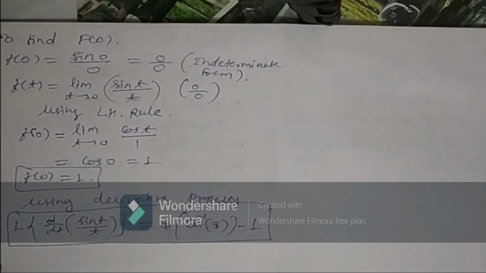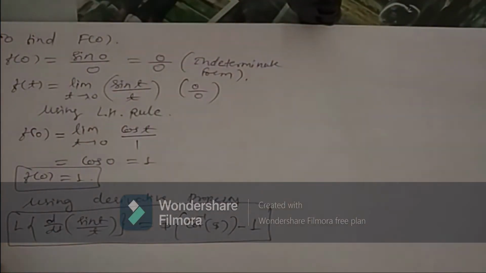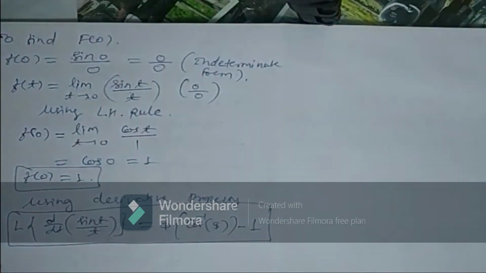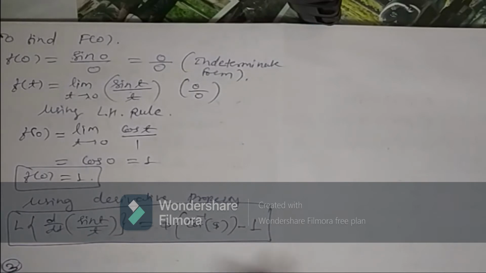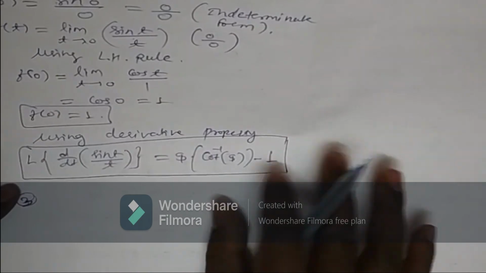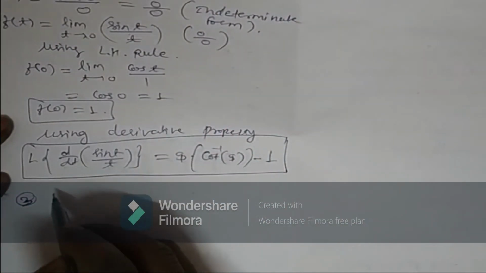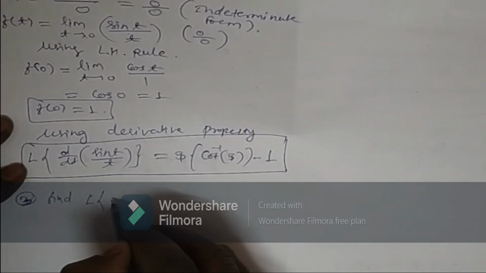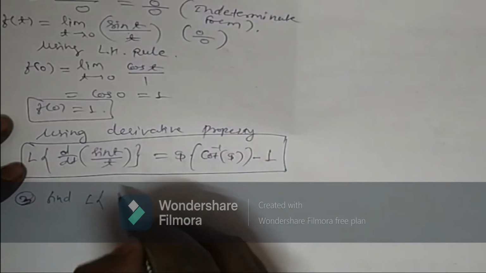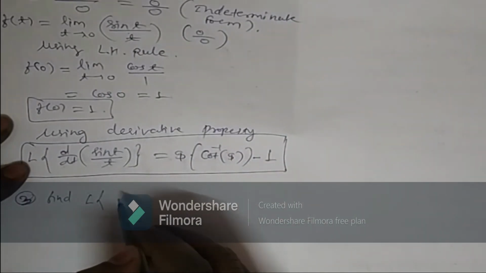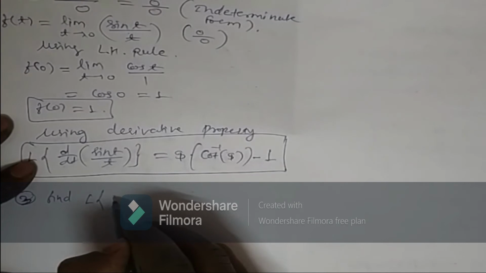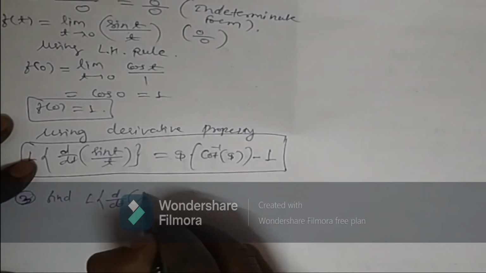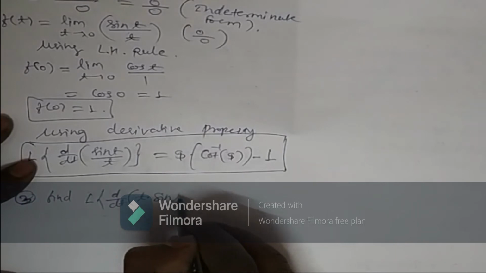Okay. So in this way we have to solve some numericals. Now next, example number 3, let us see. Find Laplace transform of d upon dt of t into sin t.